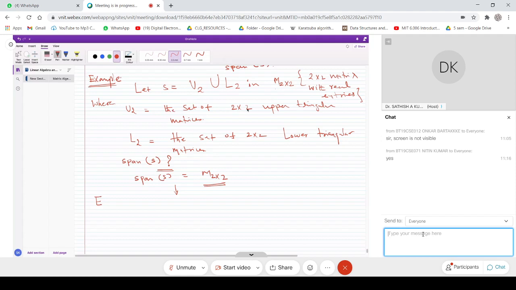U2 is upper triangular matrices, a subset of all 2 by 2 matrices in the form A, B, C, D. Similarly, L2 is also a subset. Therefore, you can say that every matrix in M22 can be expressed as a linear combination of upper and lower triangular matrices.